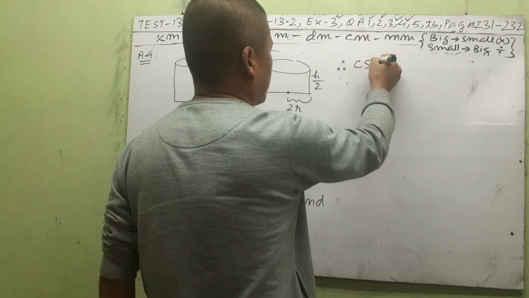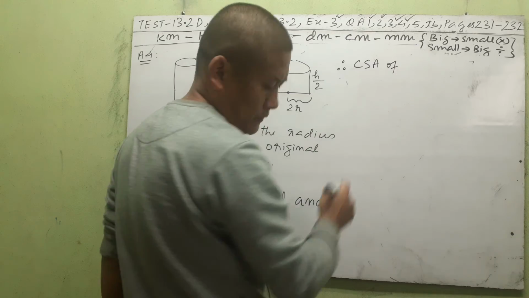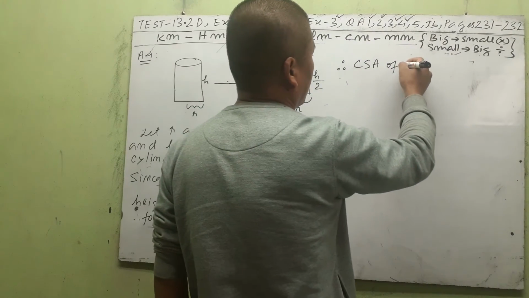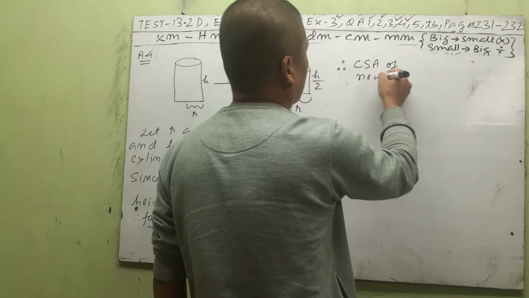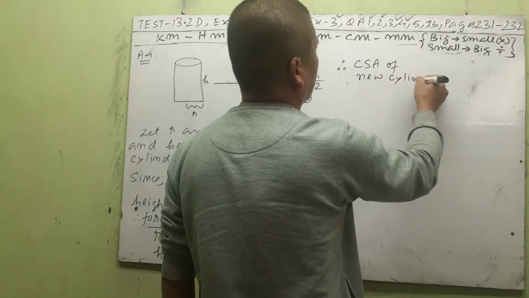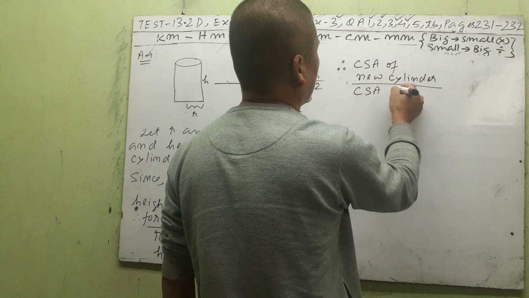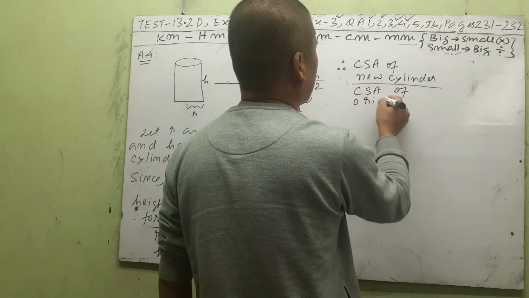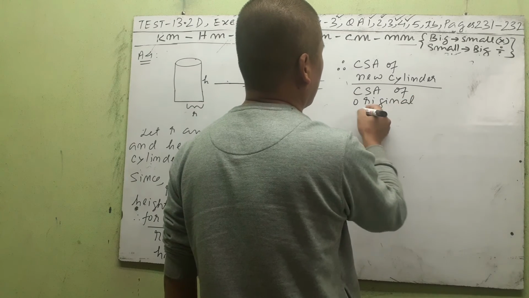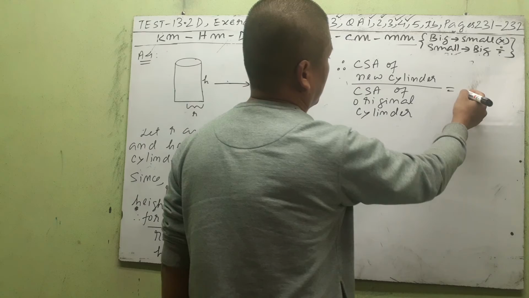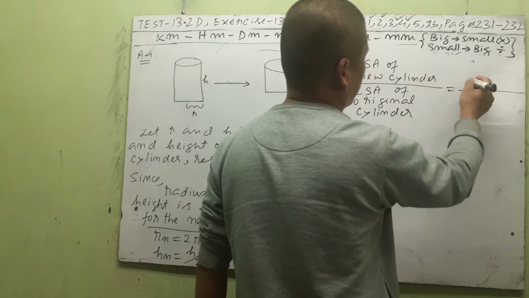So curved surface area of the new cylinder divided by curved surface area of the original, the first one, is equal to curved surface area of the new cylinder.